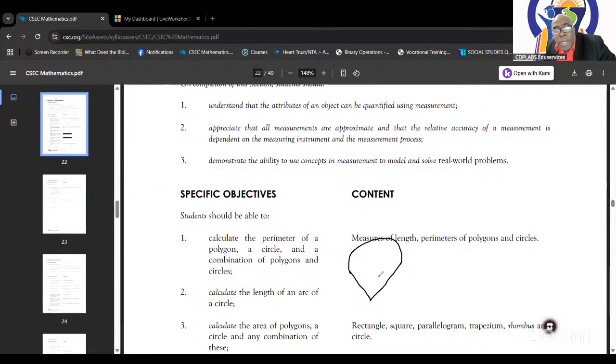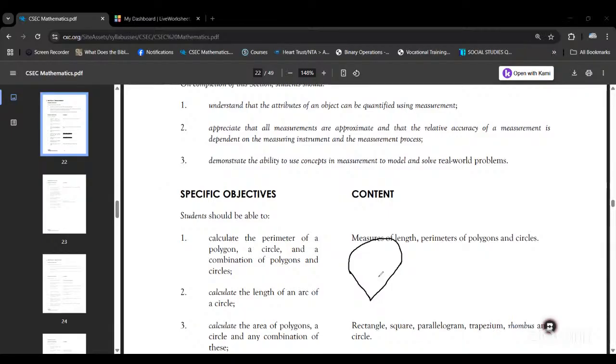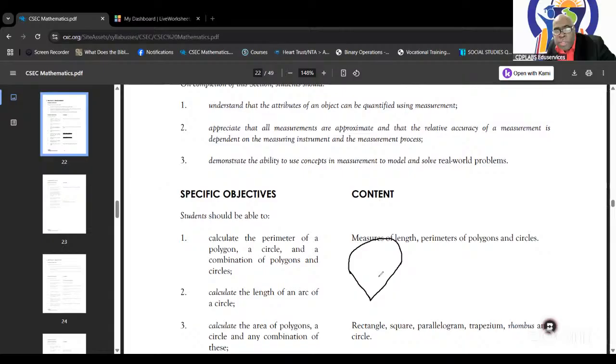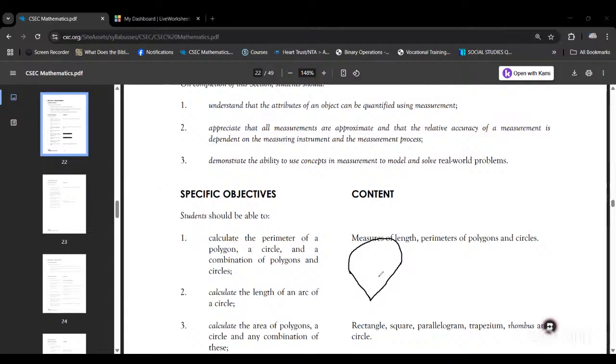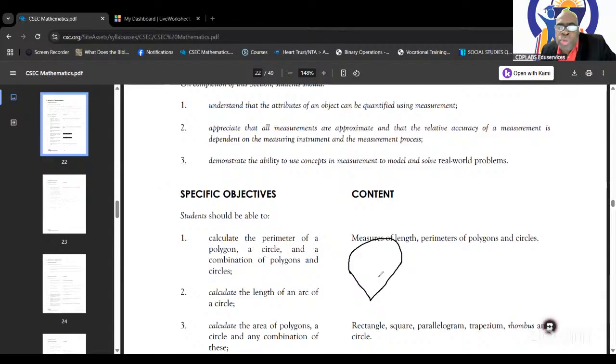I'm going to ask a question. How many lines do you see there? One line? Sir, three lines there. Three lines. Good. What are the three lines?